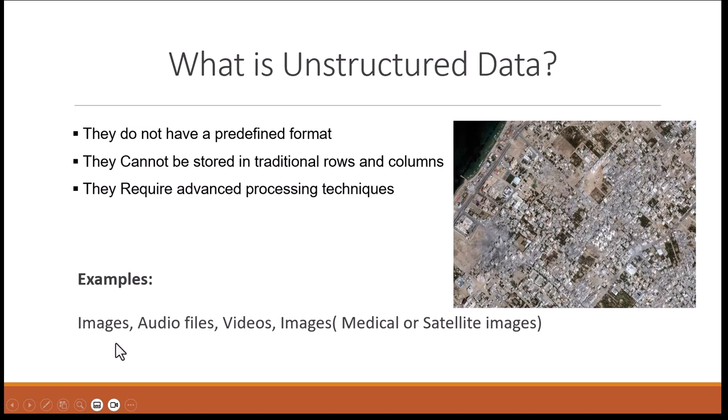Some examples are images, medical images such as MRI scans, X-ray images, or satellite images. These types of data need advanced processing techniques. For example, for images, we need computer vision techniques, or for text files, we need natural language processing in order to extract meaningful information from them.